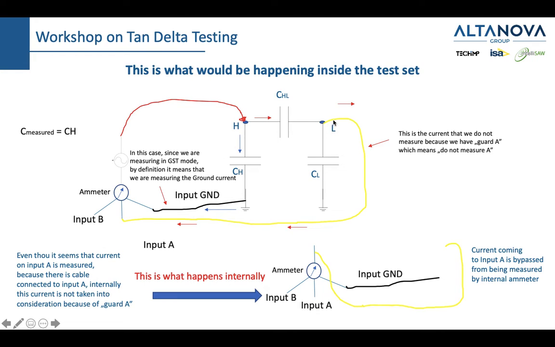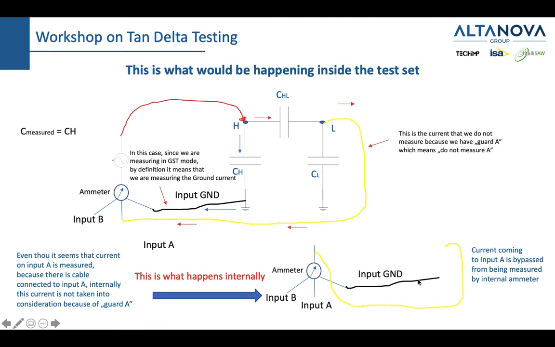Then we also have this input A, this current running through CHL but connected to input A, but effectively, since I'm using GST GA, by definition, this will not be taken into consideration. So even though it seems that the current on input A is measured, because there is a cable connected to input A, internally it looks like this.